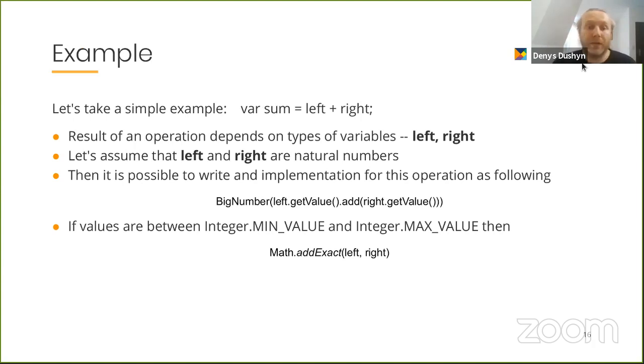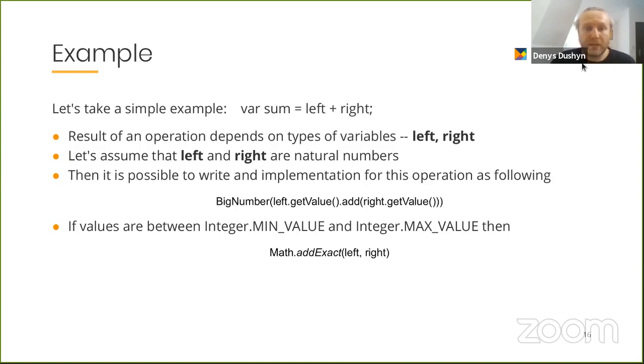One example, in order to understand it more deeply. Let's take a very, very simple example. We have an operation or statement that calculates the sum of two objects, left and right, and stores the result inside the sum variable. The result of the operation may depend on the two variables, left and right, and on their types.